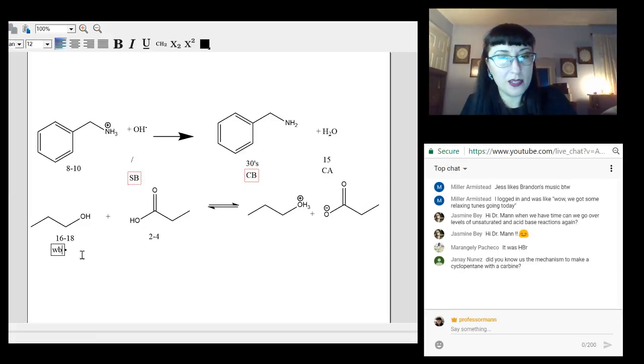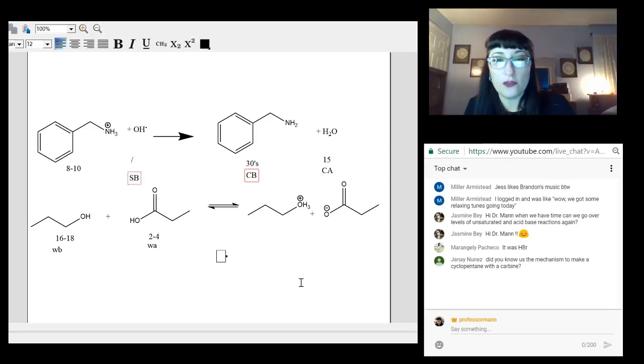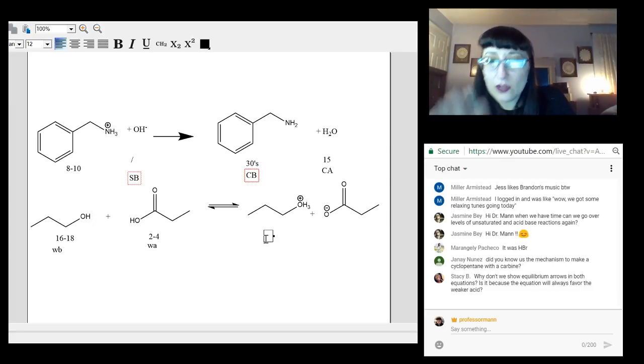So I have a weak base, and I have a weak acid. So that means that this proton is going to be pulled off by the weak base.